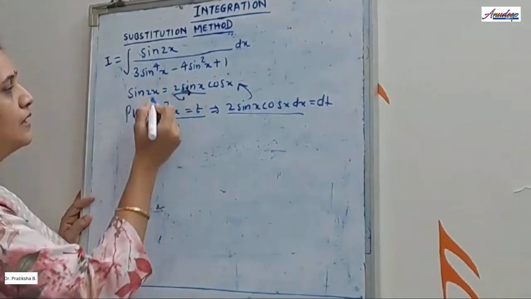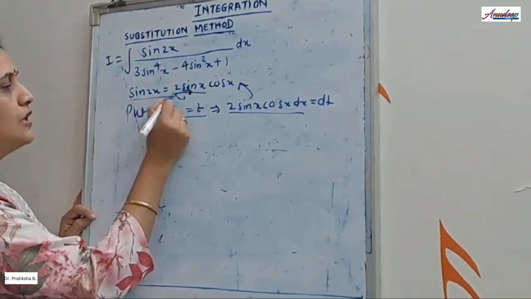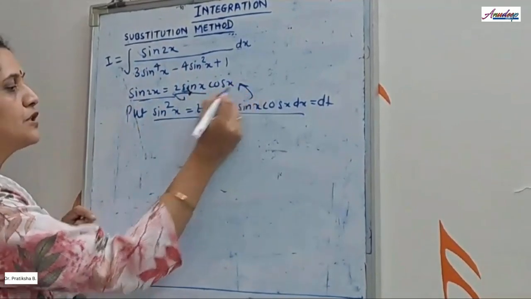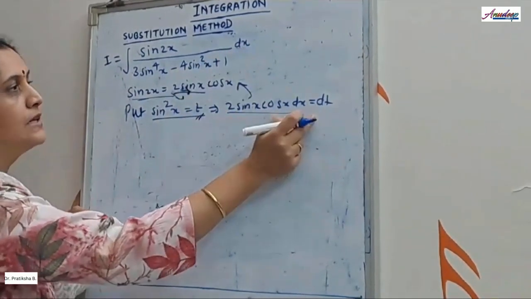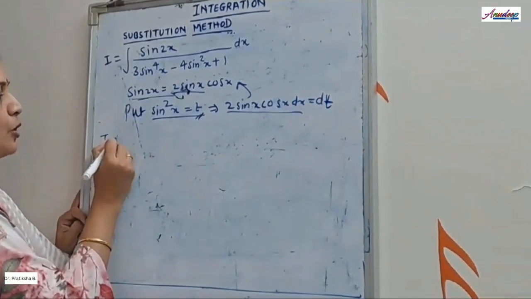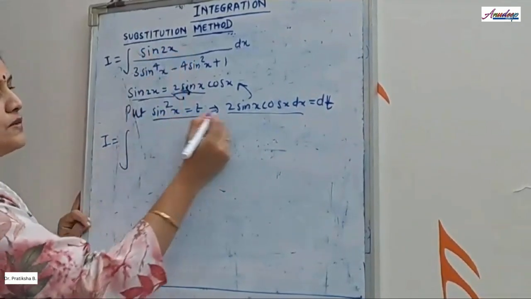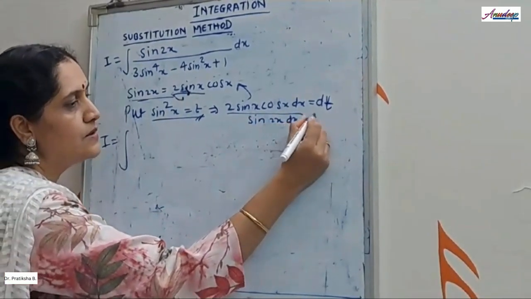So here again, after substitution, wherever there is sine square x, I am going to substitute t, and wherever there is the derivative, I am going to replace it by dt. So now my problem changes: sine 2x dx is nothing but dt.